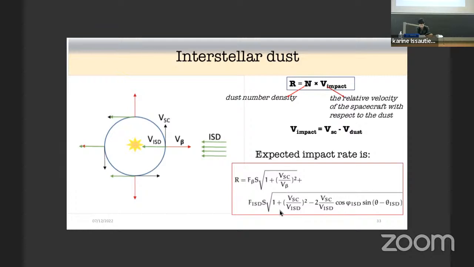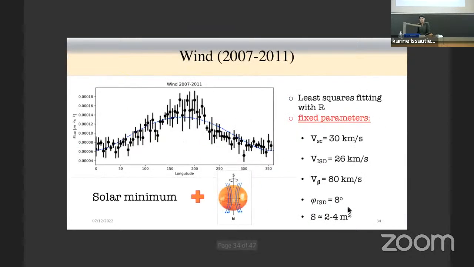What is important to point out is that we know the longitude and the latitude of the interstellar dust. So we wanted to use this simple equation, using a least squares fitting function, to apply it on the real data.